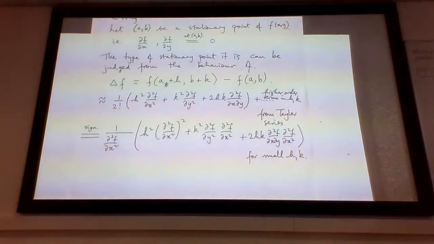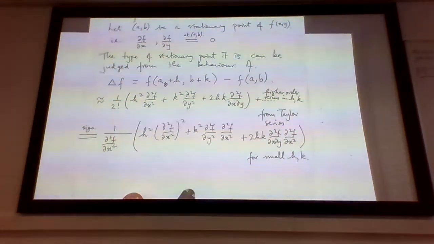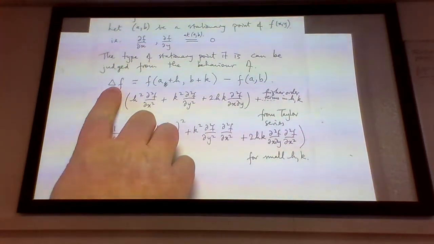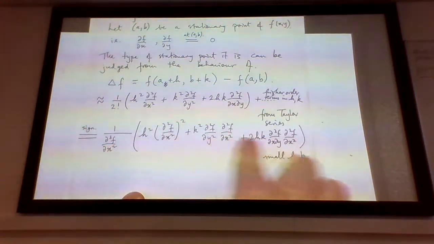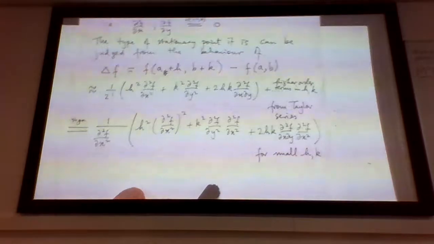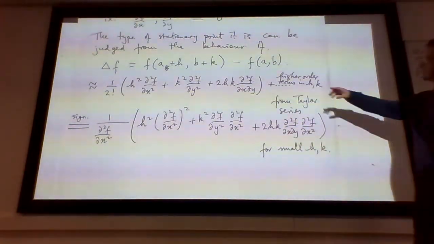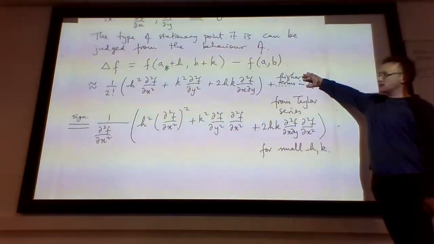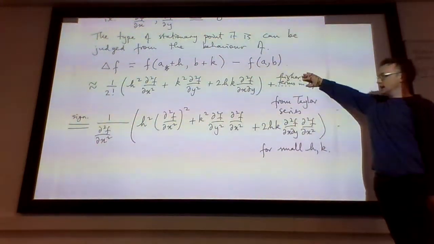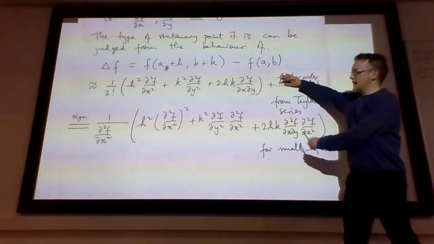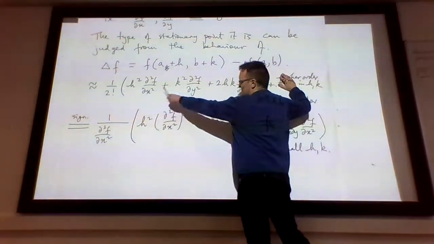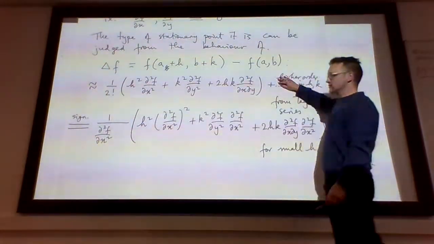So as long as they're small, I'll know that the sign of delta f is going to be given by this expression here. Okay. So what I've done here is I've forgotten about the higher order terms in h and k. Because for small h and k, it'll be dominated by these lower order terms.